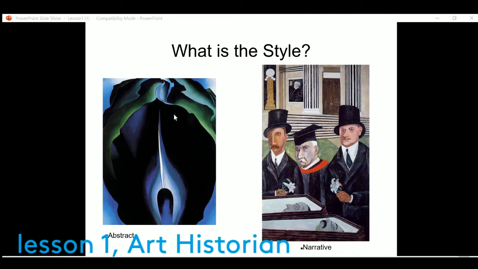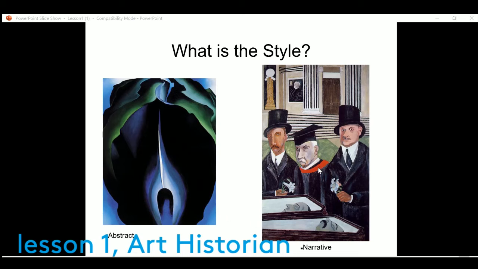Abstract means that we cannot define what this shape is supposed to be. Sometimes people look at it in a different context. They would say, oh, it resembles their grandmother's face or whatever. But there is no motif, no subject, and we let the viewer decide. This is what we call abstract.